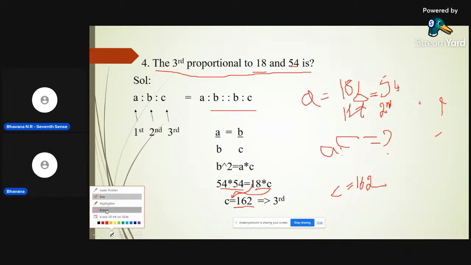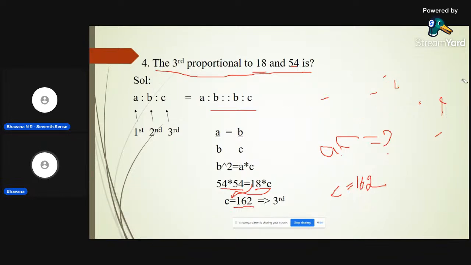Do the same thing using this formula only. I will give the values. You need to find the third proportion.